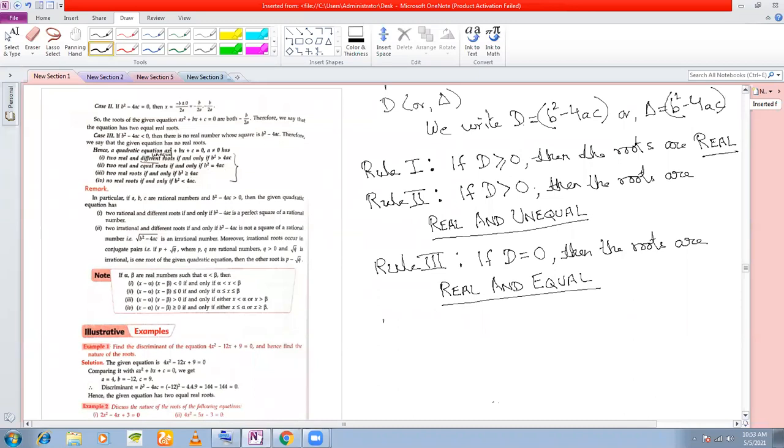Okay. And finally, rule number 4 is that if D is negative, less than 0, then we say that the roots are not real, or we sometimes say the roots are complex.